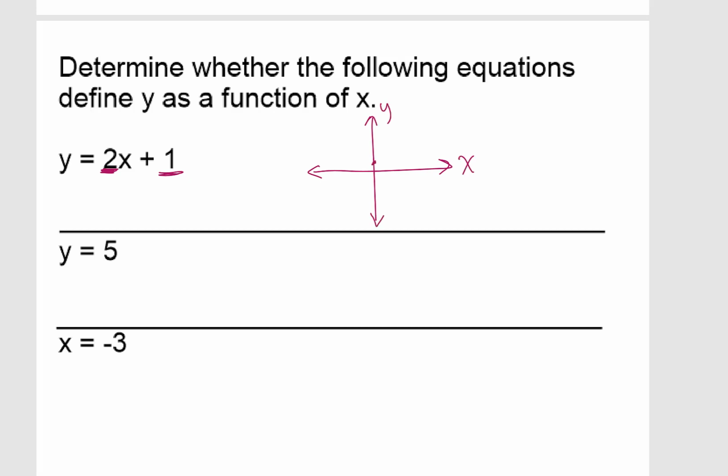Starting at 0, 1, and then it's traveling up 2 over 1, up 2 over 1. So my line is not those staircase lines. That was just my travel. My line would be somewhat similar to this on this graph. So yes, this would be a function.